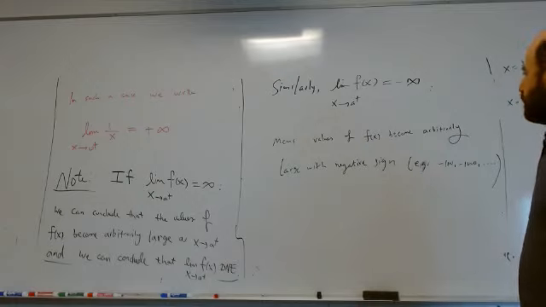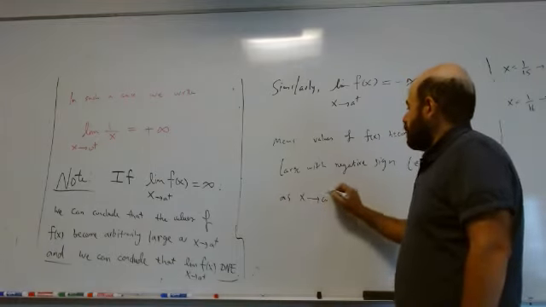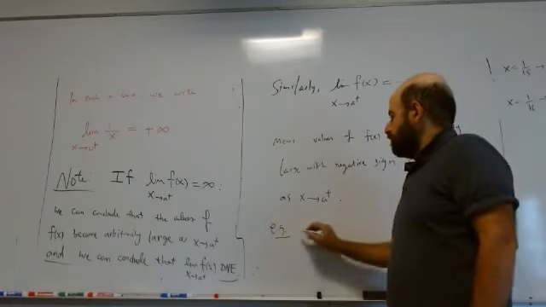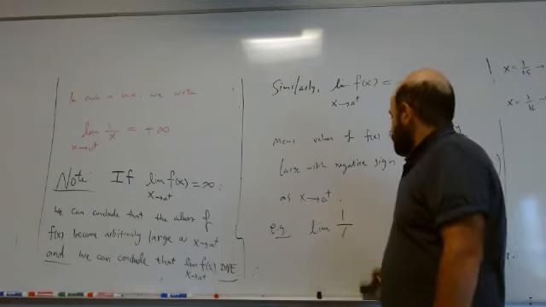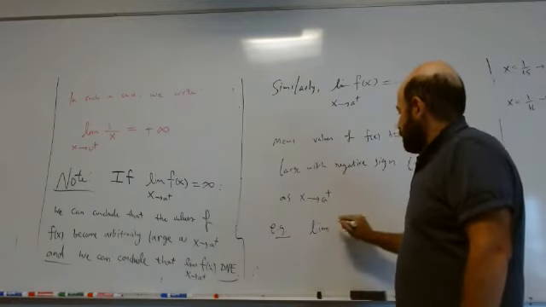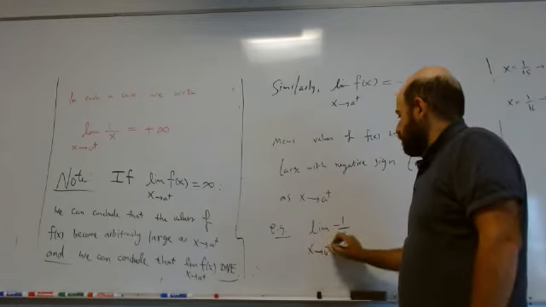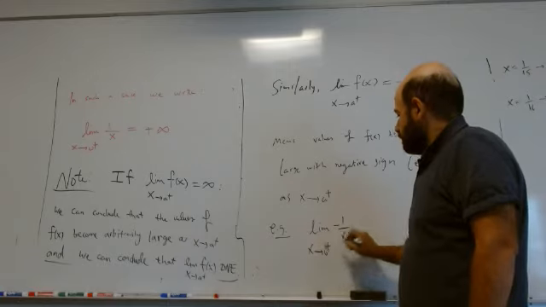This means that as x gets closer and closer to a from right. So for example, you could consider the limit of minus 1 over x as x approaches 0 from right. You can check that this is minus infinity.